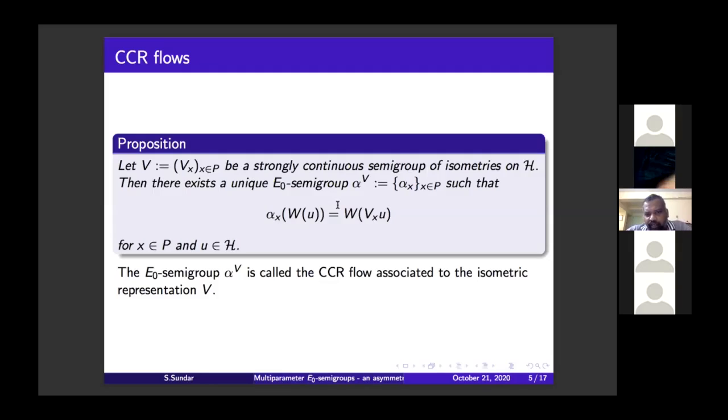It says that if you have a strongly continuous semigroup of isometries on H, then you get an E0 semigroup on the antisymmetric Fock space. Instead of the Weyl operator equation, you have creation and annihilation operators. So you have such an E0 semigroup, and that is called the CAR flow.